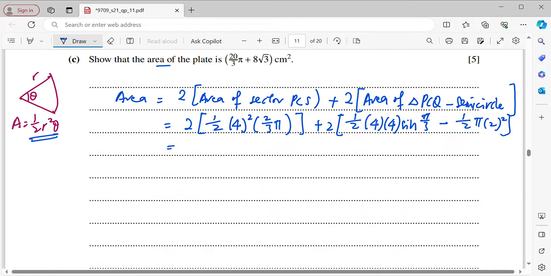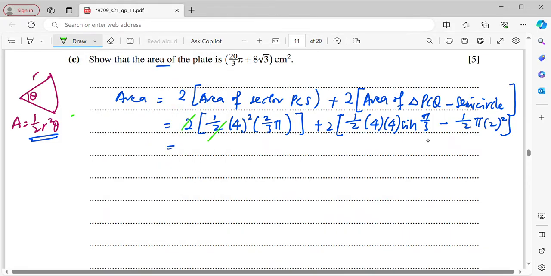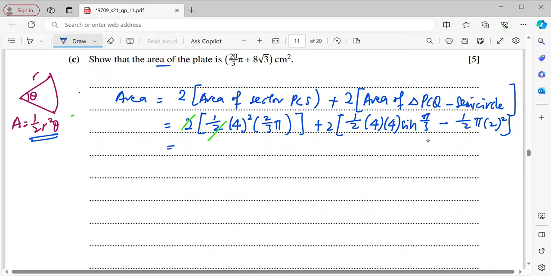Okay, so from here, the first one, when you simplify, the 2 and half cancel off, then you will be getting 16. 4 squared times 2 is 16 times 2, which is 32. Then over 3 pi. Okay, plus. Now, the next one, if you multiply the half and 2, when you simplify, it will be cancelled off.